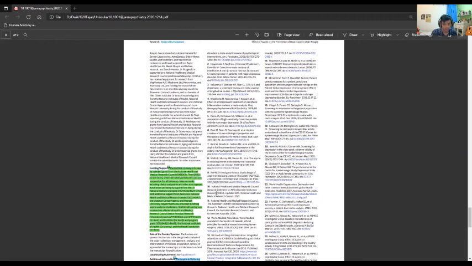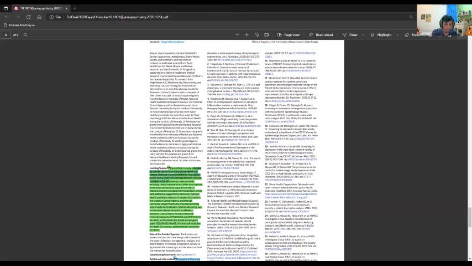So funding is the source of funding and other support. As you can see here, it is funded by a project grant from the National Health and Medical Research Council.